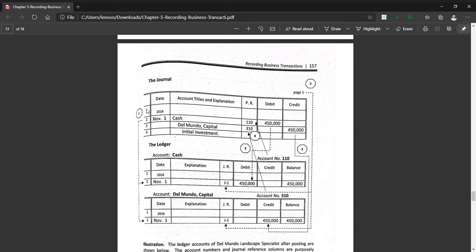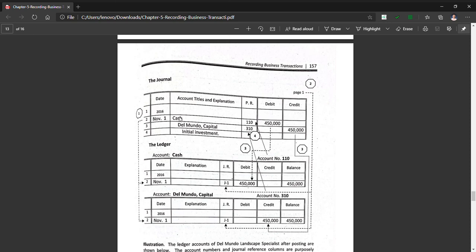So after transferring the date, next is to transfer the page number. So kita nyo dito, sa example natin, page 1 ito. Okay, so under sa ledger, i-transfer nyo sa journal reference. So J1, meaning journal page 1. Okay, after nun, number 3 is to transfer the debits and credits.